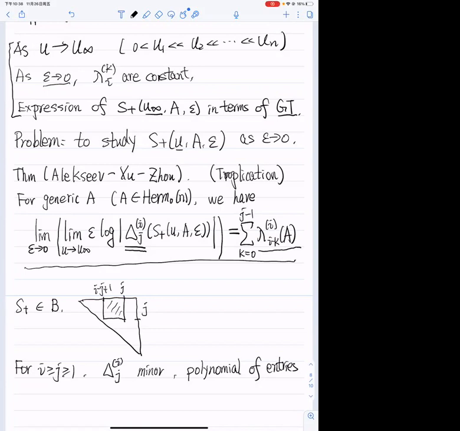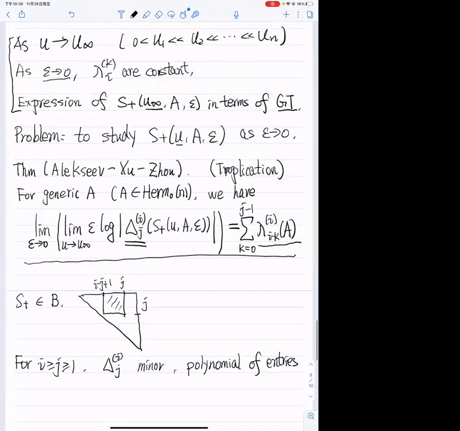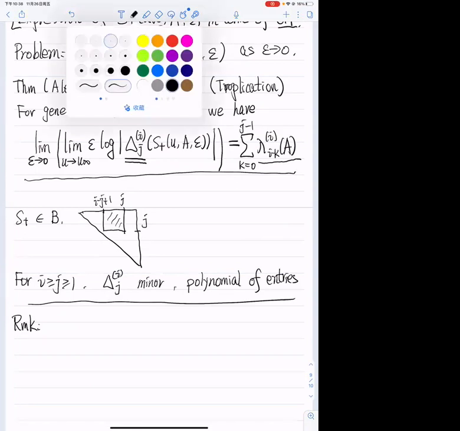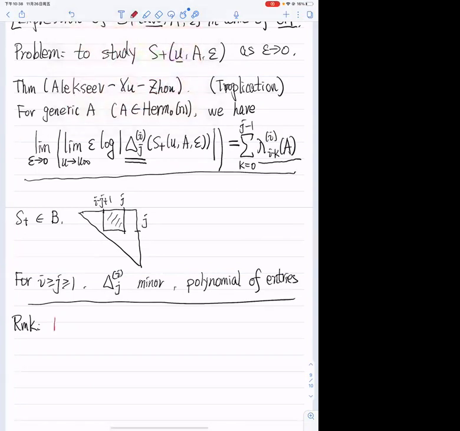Okay. So basically in this theorem, the remark here is that what we proved is not for generic U, not for any U, but for U at the infinity point.